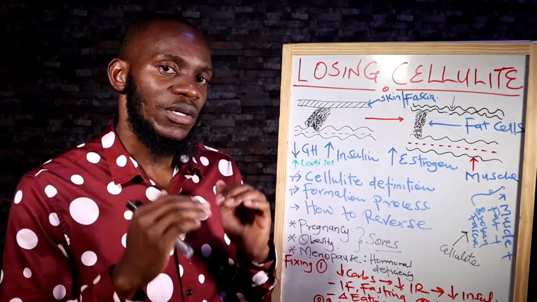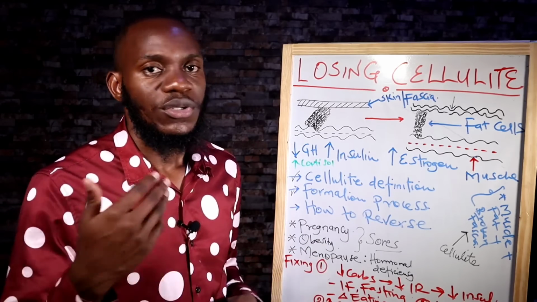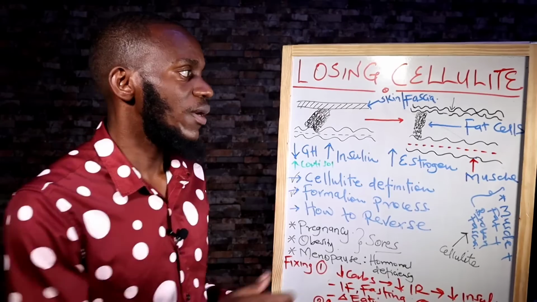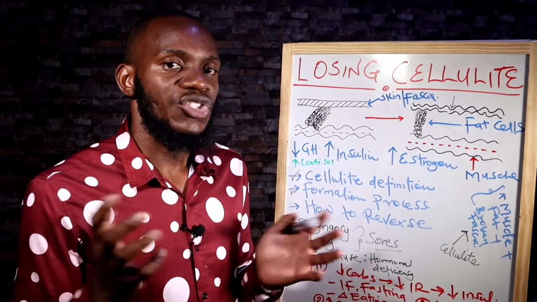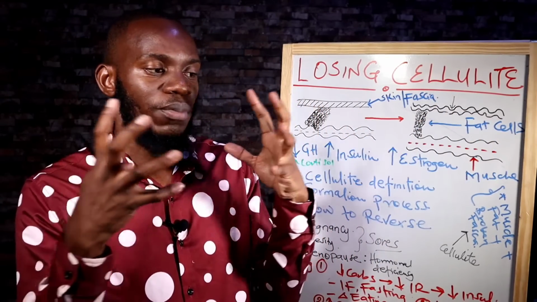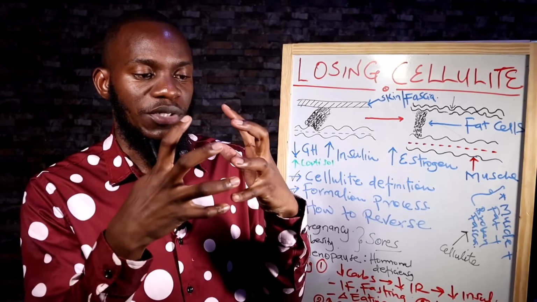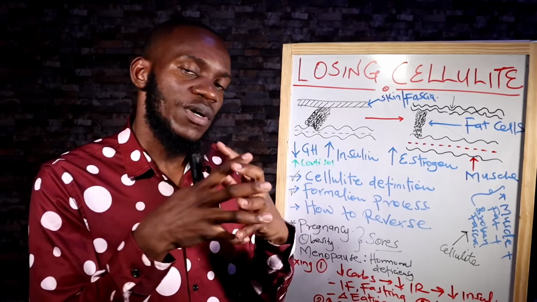Once insulin starts going low, you can easily burn fat. You stop burning sugar, you start burning fat. Once you start burning this fat, the fat cells are freed and then they shrink. Once they shrink, your fascia goes back to normal, because it is a web that had created meshes because of that overstretching.